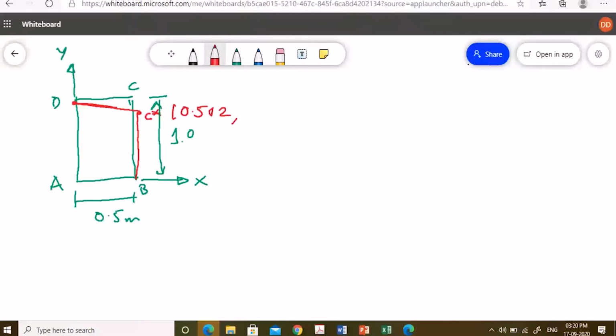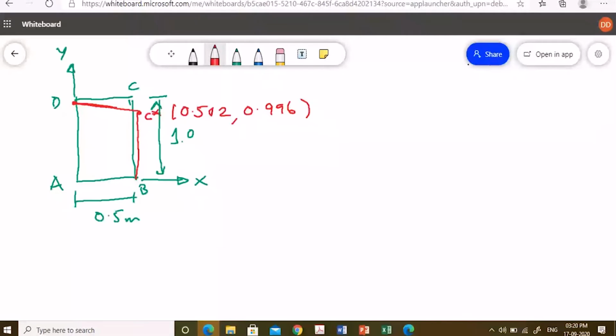Okay. So previously it was 0.5 and 1, and because of some kind of stress, some normal, some shear, you can see that both things have applied. So coordinate C becomes C star, and all other coordinates remain the same wherever they are. Okay. I hope you understood the problem.